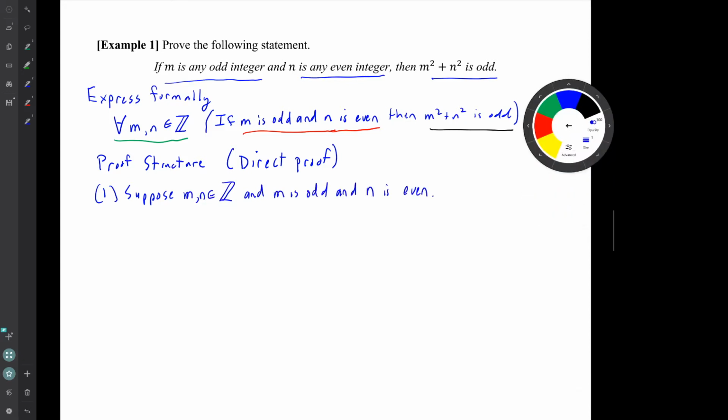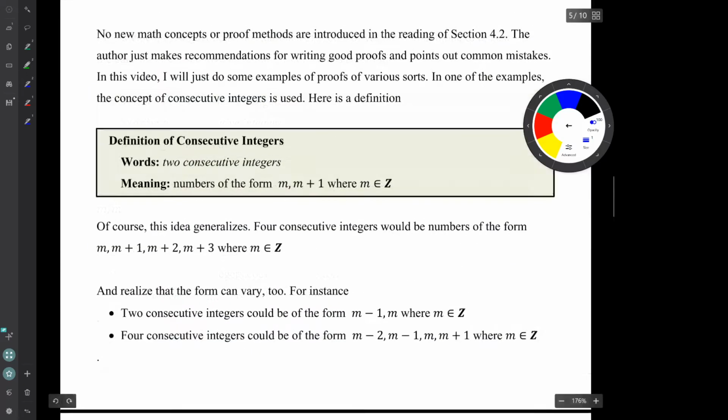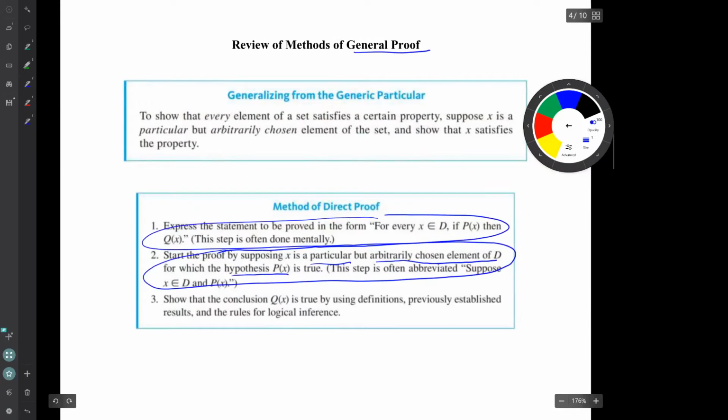So that's the given stuff. That's why we say suppose. We don't prove that. That's what we're supposed to start with. So let's go back up and look at our proof structure again. That's what we did here. This is item 2 on the method of direct proof.